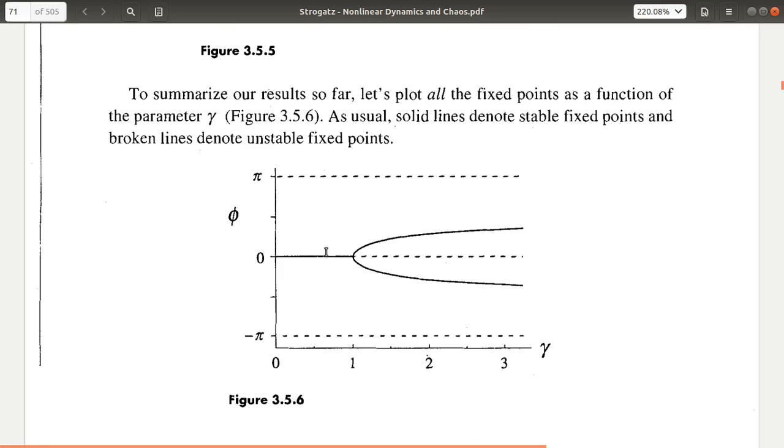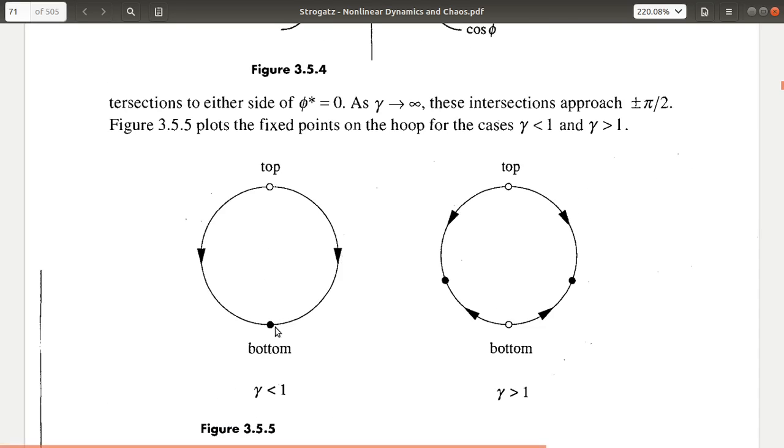This one is stable. When gamma is less than 1, which means omega, for a fixed r and fixed g, is very small, I am rotating the hoop very slowly. At that time the bead can be either here or here, and it prefers to be here because it's a stable fixed point.